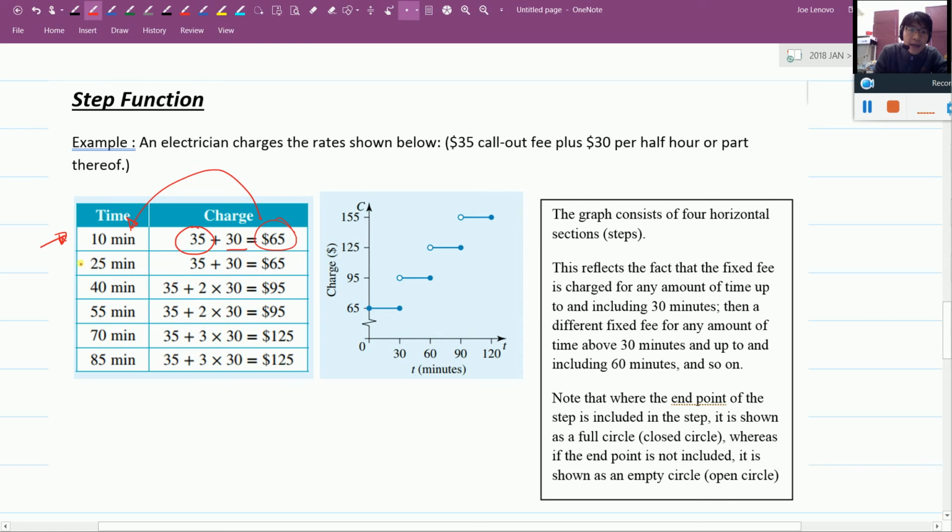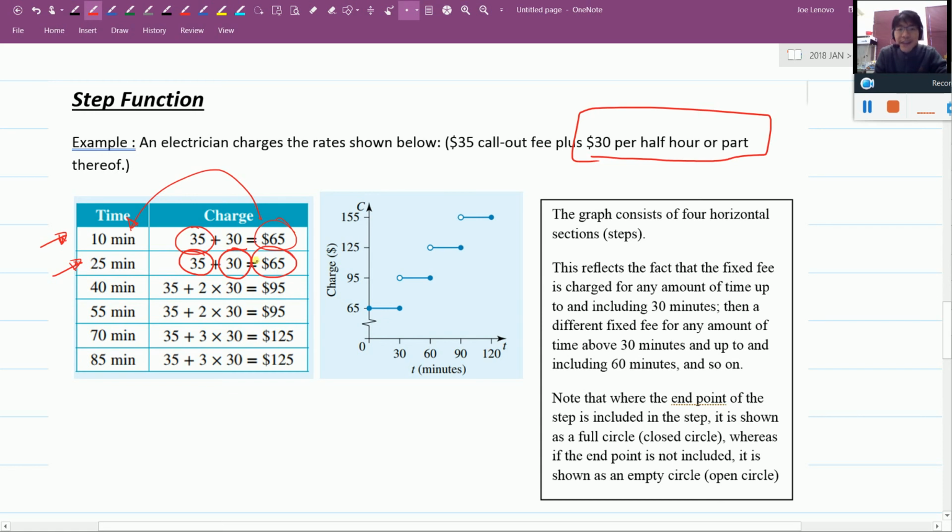And up to 25 minutes, it's still $30 per half an hour. No matter if you finish in 10 minutes or 25 minutes, you still pay the call out and one part per half hour, and you're still within that, so $65.